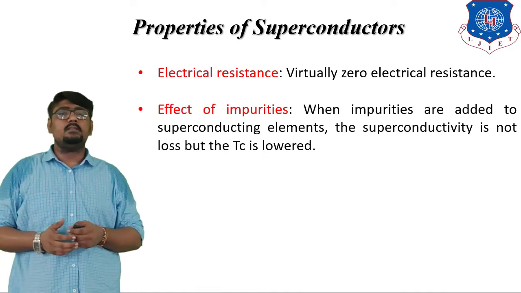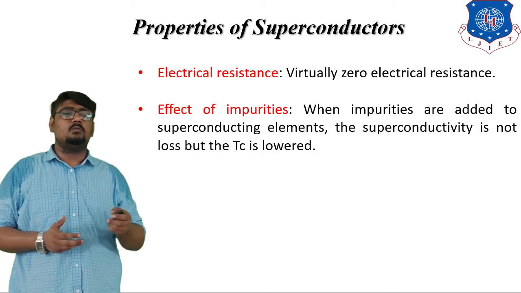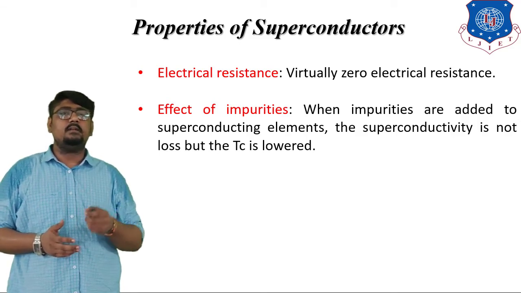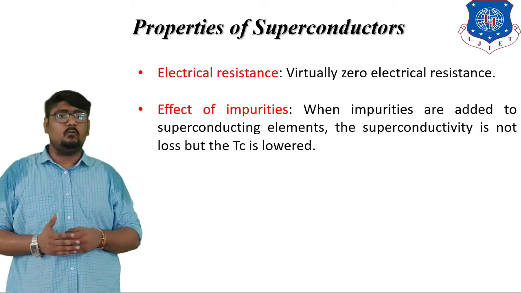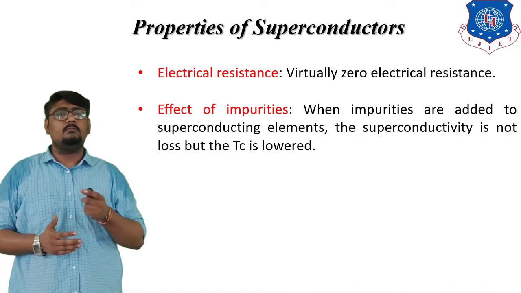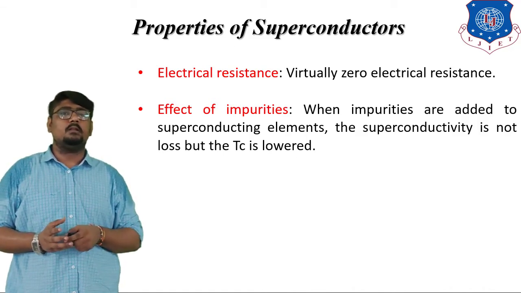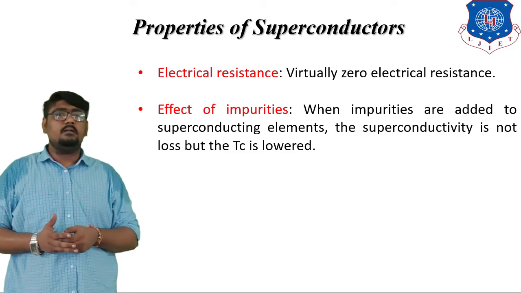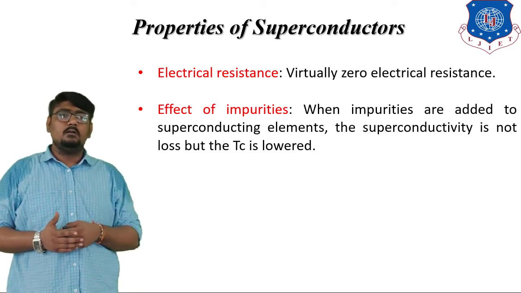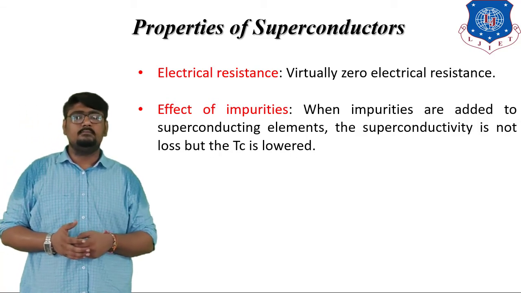When impurities are added to a superconducting element, the superconductivity is not lost, but its critical temperature becomes lower. Every material, even with a few impurities, possesses superconductivity, but definitely, compared to the pure material, its critical temperature value gets lower.